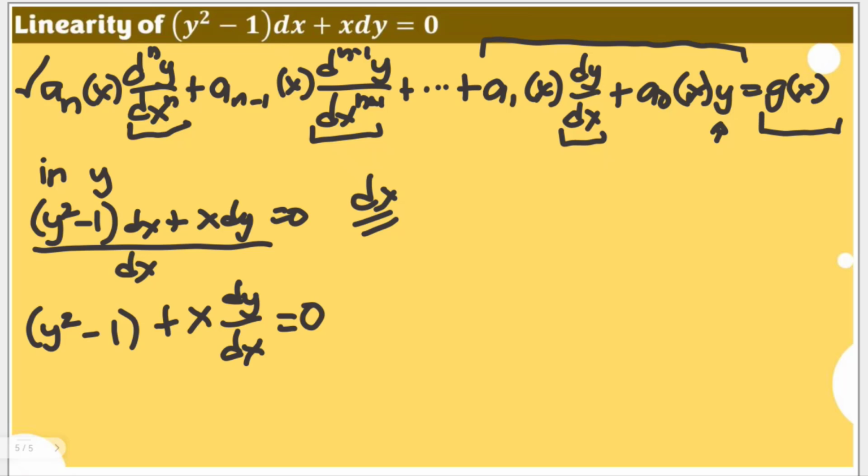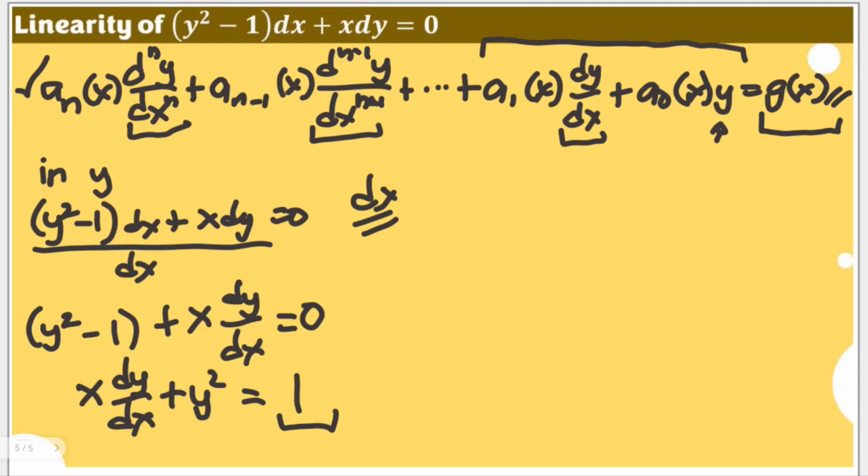Arranging this, we have x times the first order derivative of y with respect to x, plus y squared is equal to positive 1 as we move 1 to the other side. This is a constant function, not any variable, so it fits the idea of g of x, a function of x.